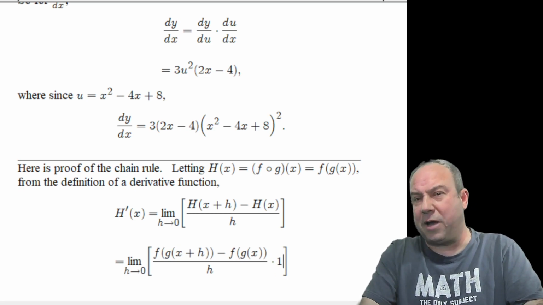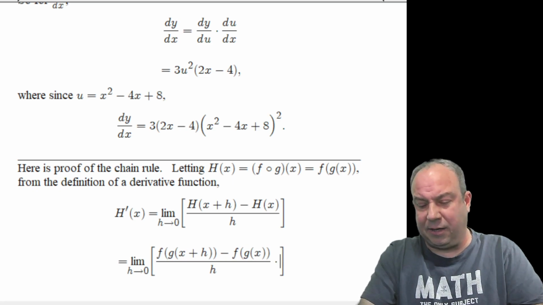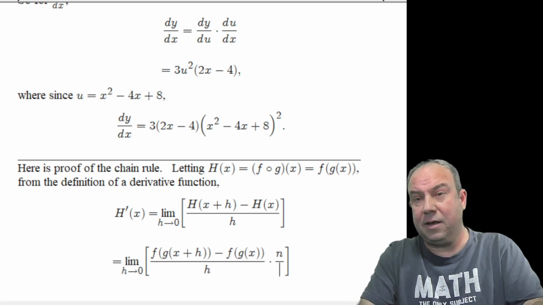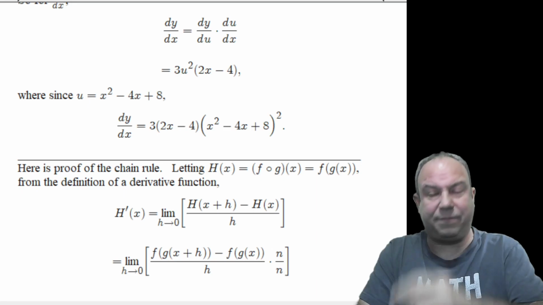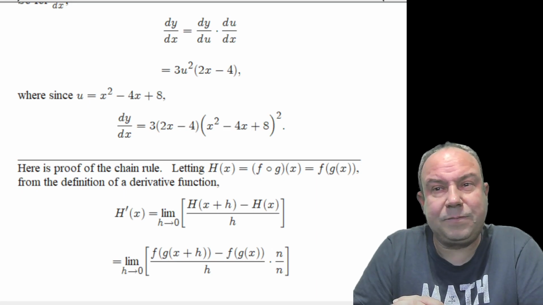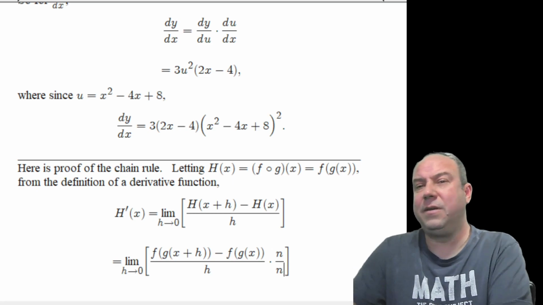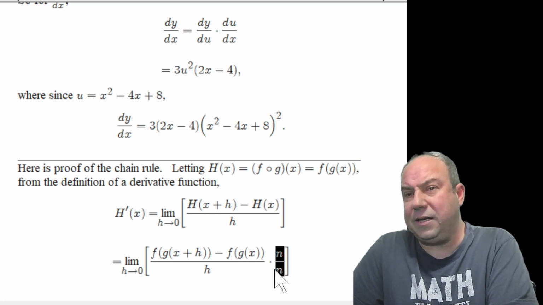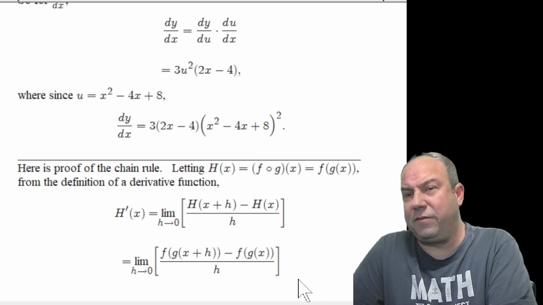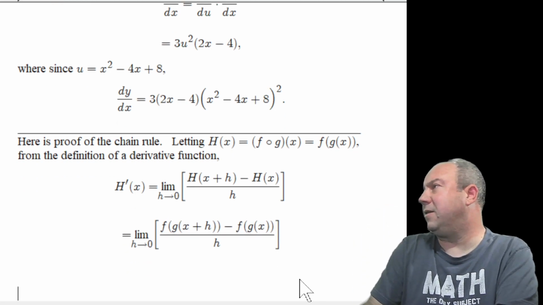But we're going to multiply in that quantity of 1 by taking a number and dividing by itself. Taking a quantity and dividing by itself, where that quantity is going to be a little bit more involved than just the value of n.